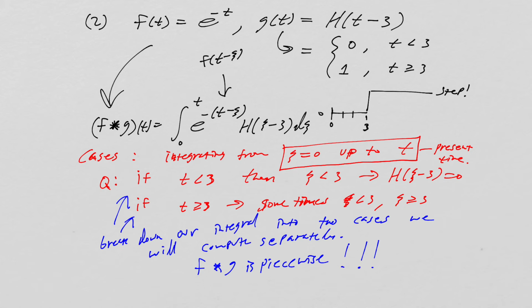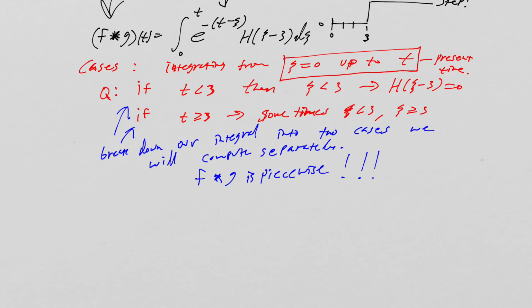The whole point is that we take our step function and convolve it against this continuous function e to the negative t. When we're integrating, we have to worry about what the t value is at that time, because just like anything in the real world, we're trying to model things that are turning on or off at a certain time. In this case, something turns on at t equals 3, so that's the dividing line between two different behaviors of my function.